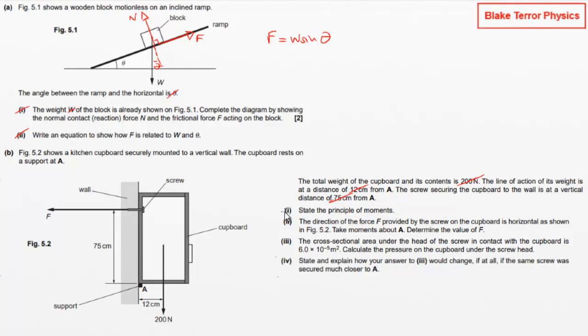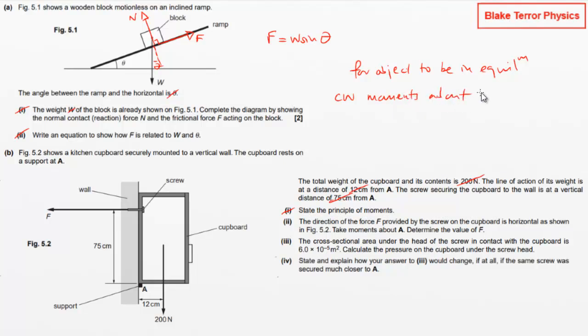Okay, so I'm not going to write all this out. I'll say it, maybe put a few things down. So for an object to be in equilibrium, that's the first thing. We need to say that we've got some object that's in equilibrium. Then we can say that the clockwise moments about a point equal the anti-clockwise moments about the same point.